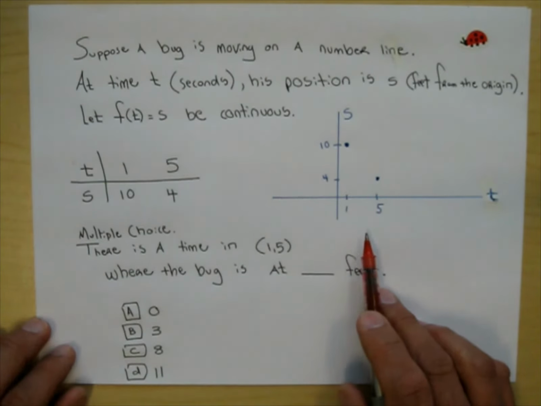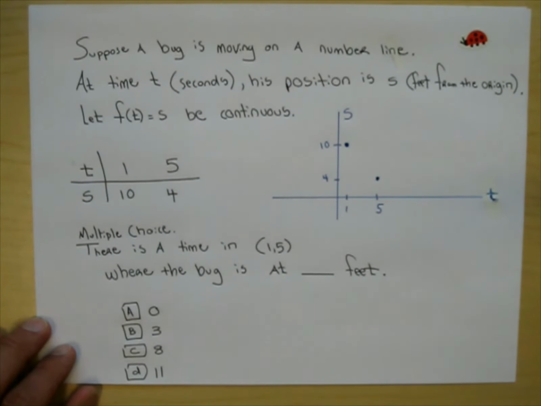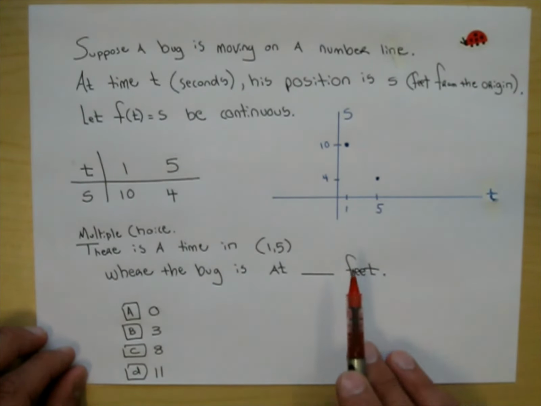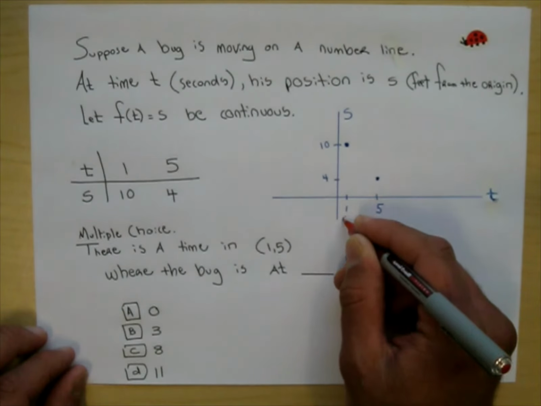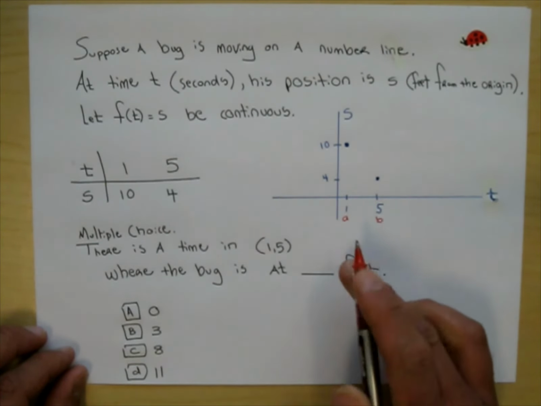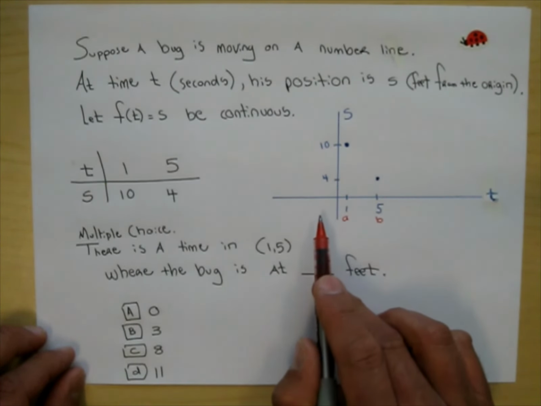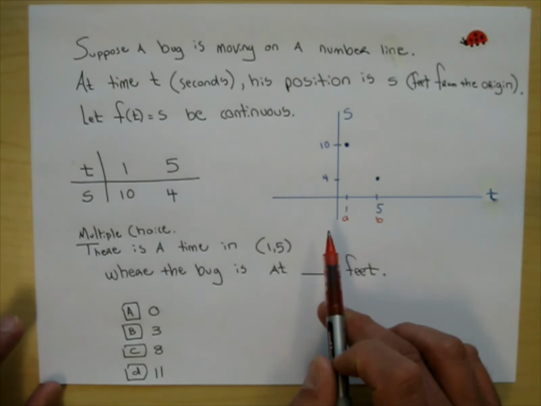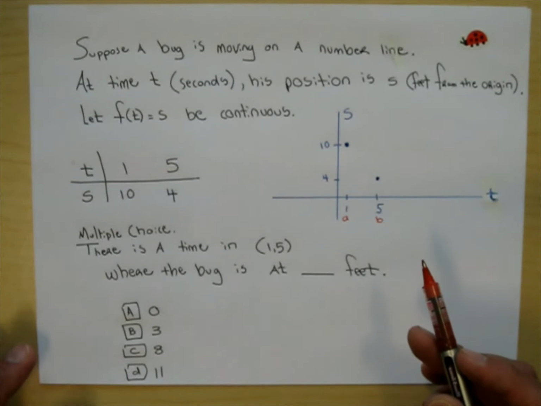Now the key to this is we're trying to do the intermediate value theorem where it says f is continuous and f of a does not equal f of b. So I guess we can call this a and this b, and f of a does not equal f of b. And it's continuous. So the intermediate value theorem says there's an n between f of a and f of b.